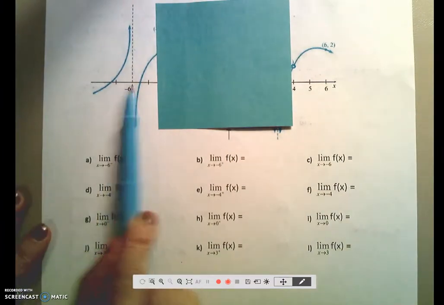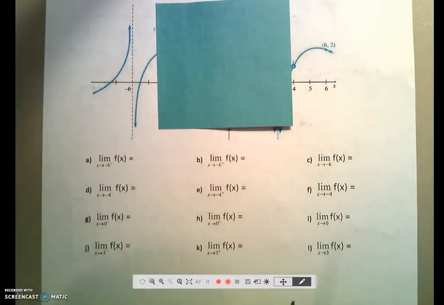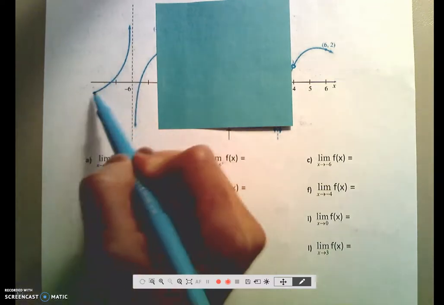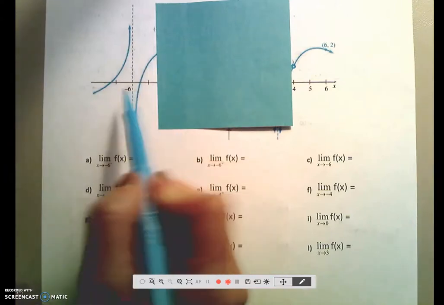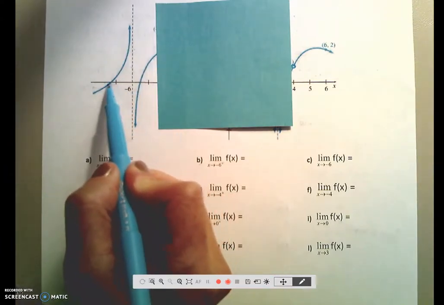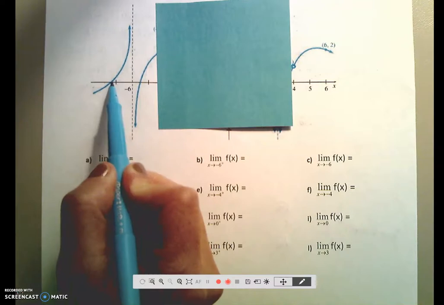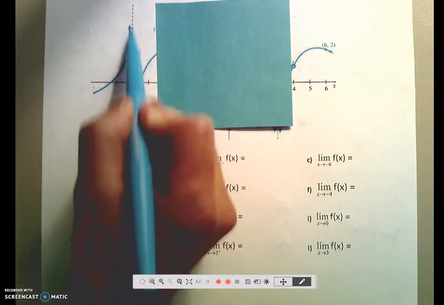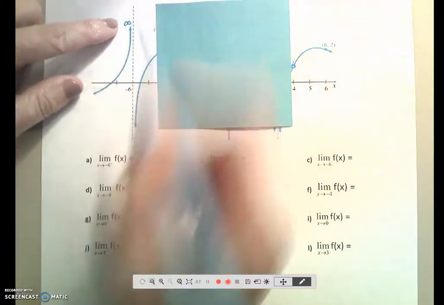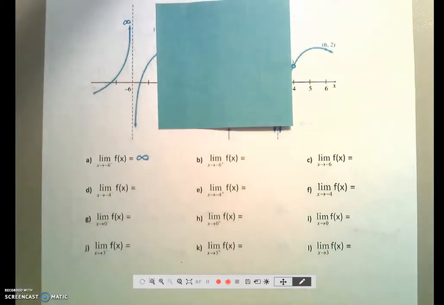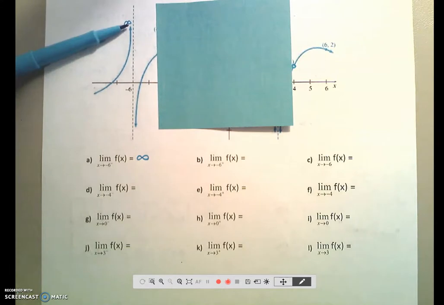As you approach -6 from the left, you want to think of the curves, those blue curves, as the roads that you're driving on. So if these are the only roads that you have, as you try to get closer to -6 from the left, you have to be on this road. It's going to force you north. You're headed to infinity. So on the left side of -6, you're forced north to infinity.